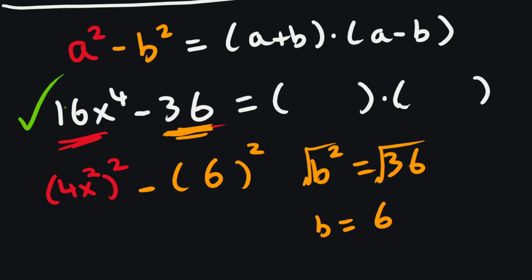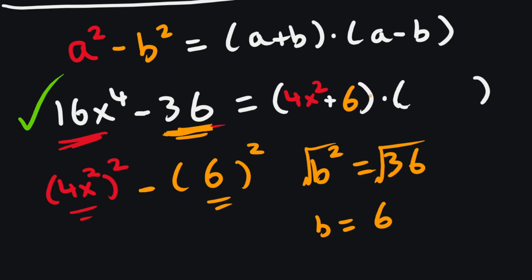And since this is a difference of squares, we're able to write it in this factored form right here, a plus b times a minus b. So let's go ahead and do that. What's a? A was this 4x squared. So 4x squared plus, and what is b? B is the 6.